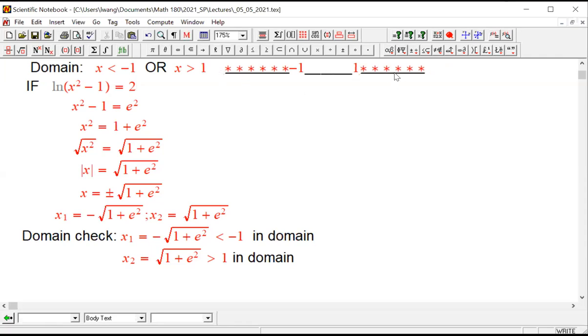That's a domain, smaller than -1, and larger than +1. So this number, negative √(1 + e²), is in here, and this √(1 + e²), which is larger than 1, is in here. So we have a solution in this piece and a solution in the other piece.